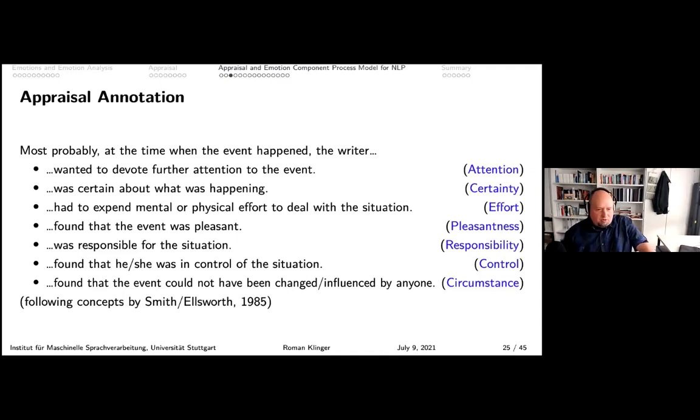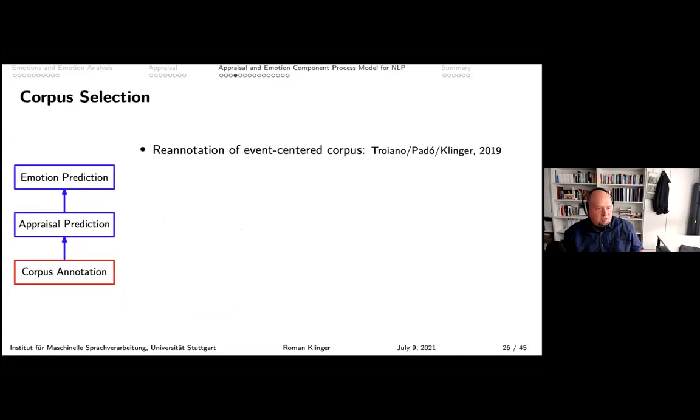If we want to build a corpus of event descriptions with these appraisal dimensions, we need a corpus of event descriptions. Such corpora exist, and one is a corpus which we built in 2019, which has been created following typical strategies in psychology.